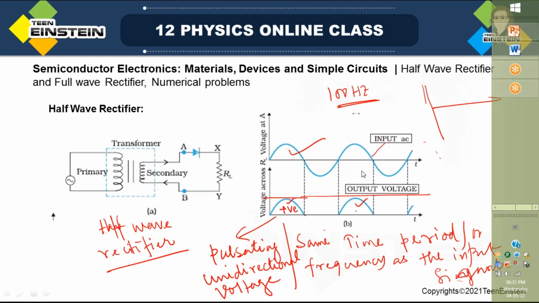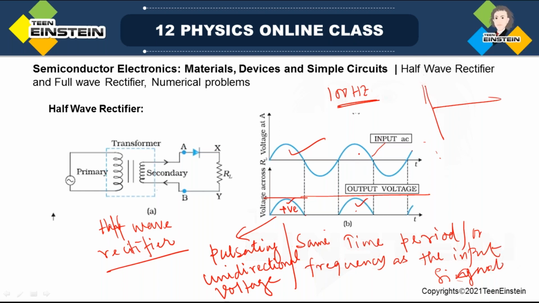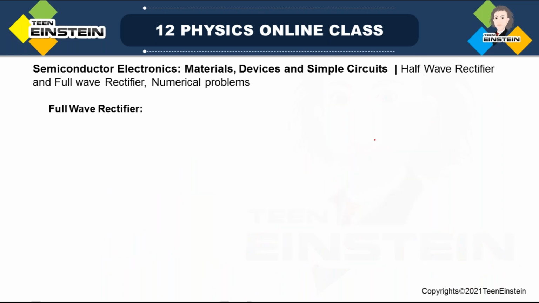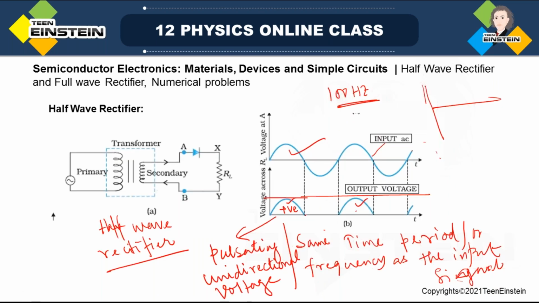Let us now go to the second part of this rectifier, that is the full wave rectifier. What is a full wave rectifier? See here, we can convert only the positive half cycle of the AC signal into DC. In the half wave rectifier, we could not convert the negative values into DC or positive.